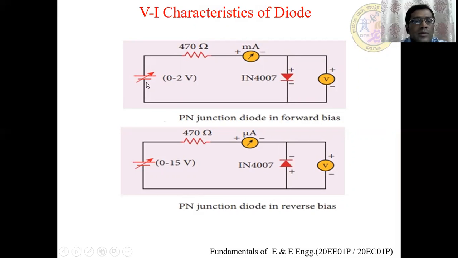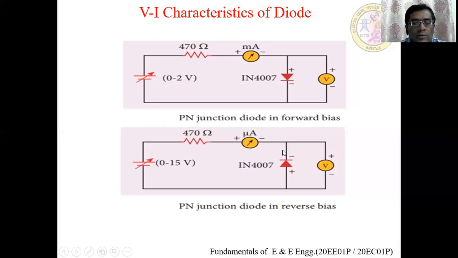Just see, the positive terminal of the battery has been connected to the positive terminal of the diode, and the negative terminal of the battery connected to the negative terminal of the diode. This is the multimeter connected to measure the current flowing through the circuit, and this is the voltmeter connected to measure the voltage across the diode. Since the circuit is forward biased, the current flows, so we can measure the current as well as the voltage.